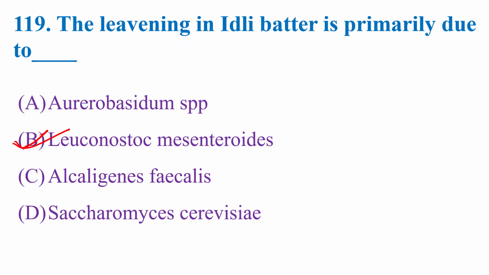And this carbon dioxide will form bubbles, which will make the batter spongy and soft. Whereas the other idli fermenting species can be Streptococcus, which produces the acid, which will give a flavor and it will even preserve it. So the correct option is option number B.